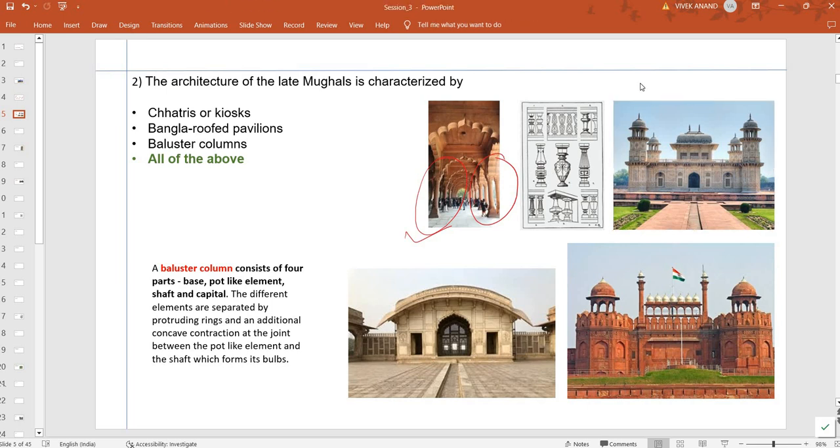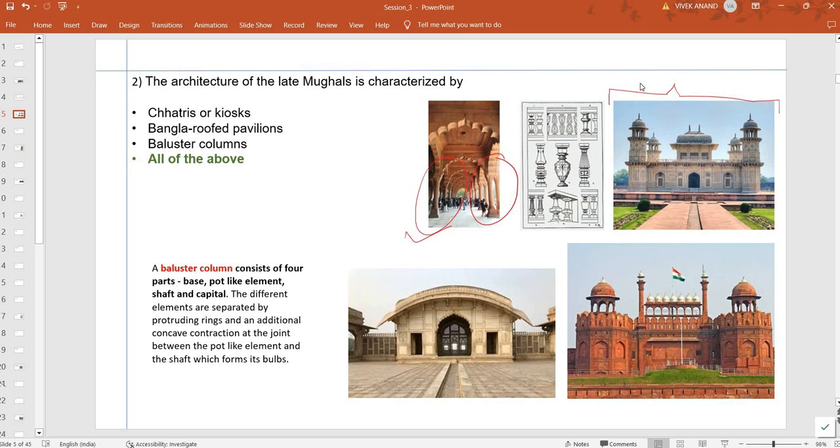This image, can anyone tell which building this is? Tomb of Itmaudullah. Yeah. So what elements can you see in this building by which you can say that this is an example of late Mughals?